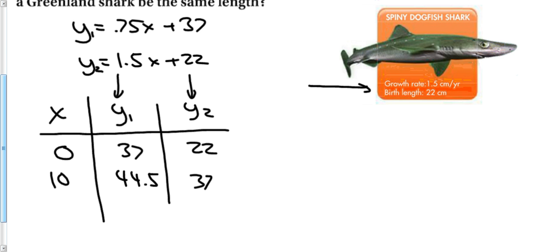So now looking at this data, the Greenland shark is still bigger than the dogfish shark. So I still haven't got to the point where they're going to be the same. So I haven't gone too far.